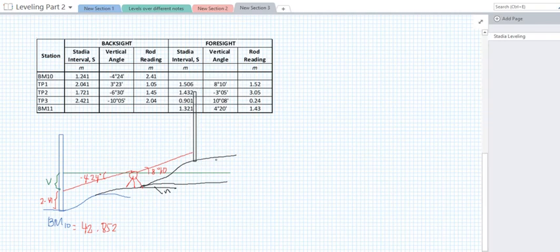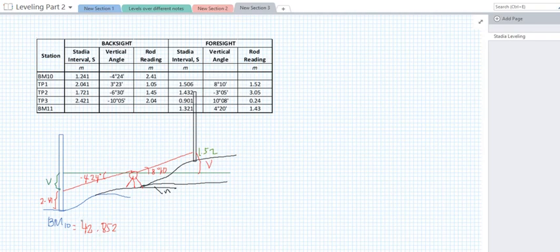This is the BB, that is 21.18. Then we have the rod reading of 1.52. So, 42.852 is correct.